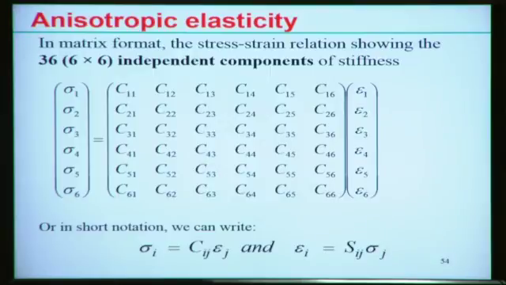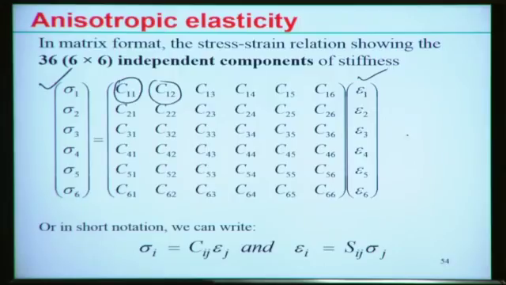So in matrix form, the stress-strain relation shows 36 independent components of the stiffness. Like in compliance systems, we can represent the stress-strain relation in terms of stiffness also. Instead of writing S, here we can write C11, C12 and this way, and this represents the column vector of stress, and this represents the column vector of strain.